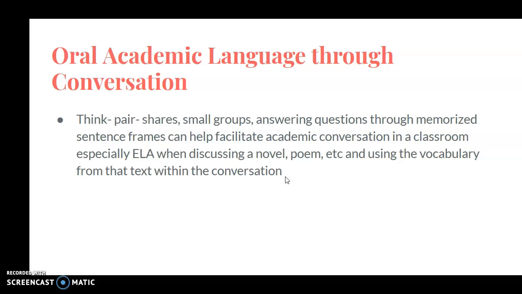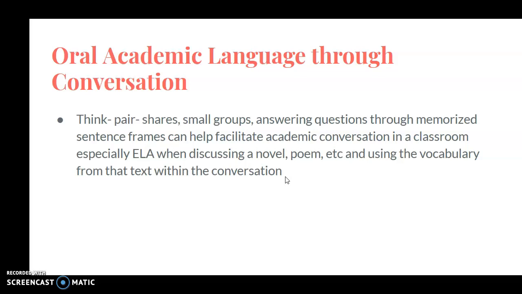And then we also just want students to be able to use their own culture within their conversations to promote their academic language, because that's a very useful tool to have, being able to incorporate yourself within the use of something new for students.